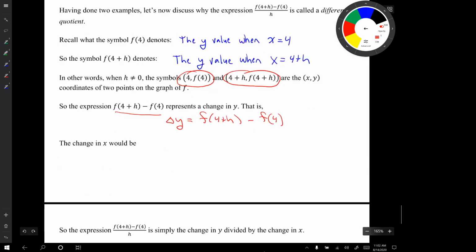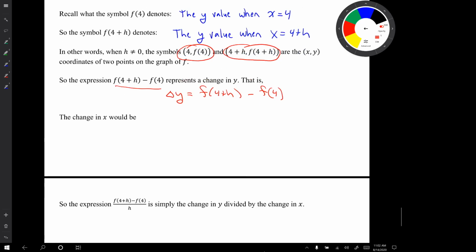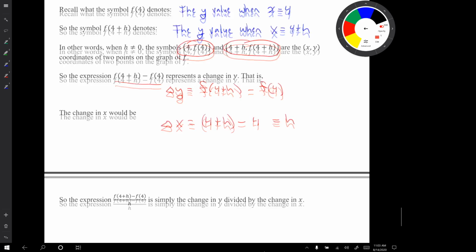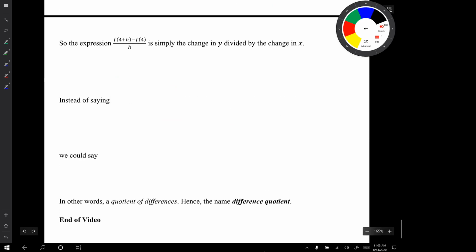And the change in x would be 4 plus h minus 4. But that's just the number h. So the expression f of 4 plus h minus f of 4 divided by h is just the change in y divided by the change in x.